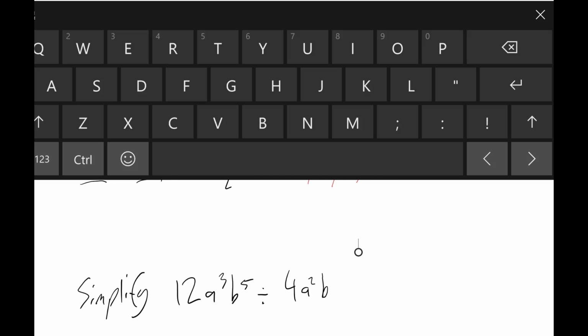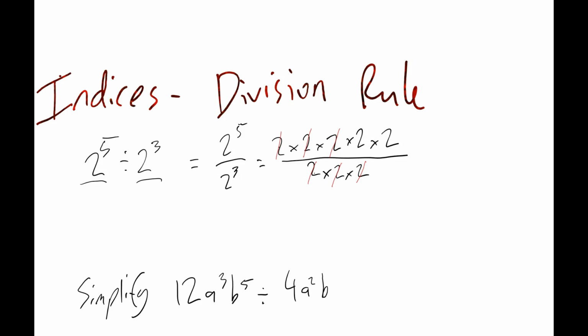Now, let's take a look at what's left. We've got 2 times 2. Is there a shorter way of writing 2 times 2? There is. That's just 2 squared. Can we see a pattern, a quick way that takes us from here to the answer? There is.